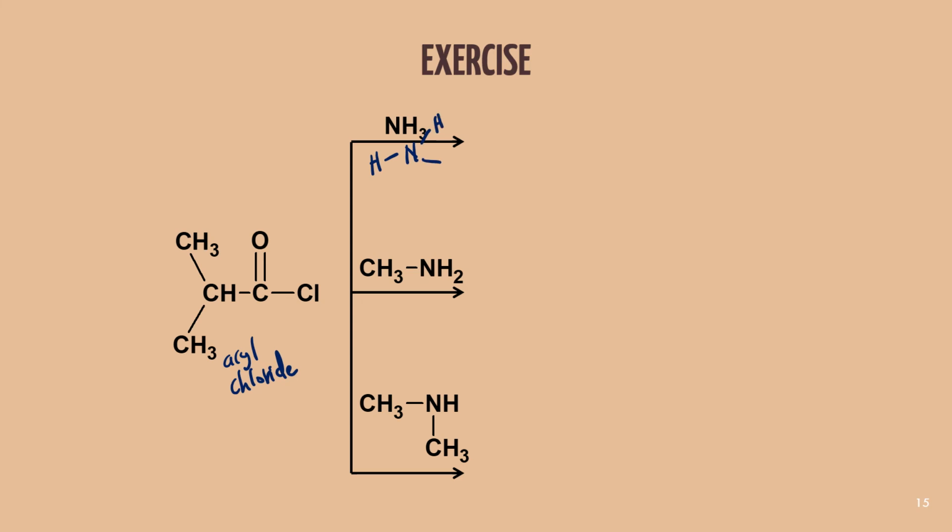Okay, sebegini. And then, apa yang akan kita buat adalah we are going to break the bonding di antara C dan juga Cl. Dan dalam ammonia, kita break the bonding antara H dan juga nitrogen. Okay, so these two akan keluar sebagai byproduct HCl. So the C double bond O here akan directly bonded or covalently bonded dengan this nitrogen.